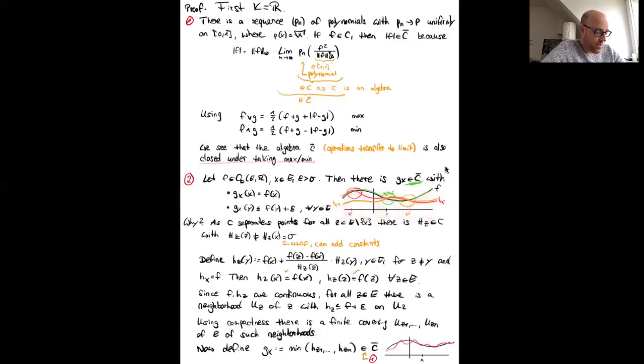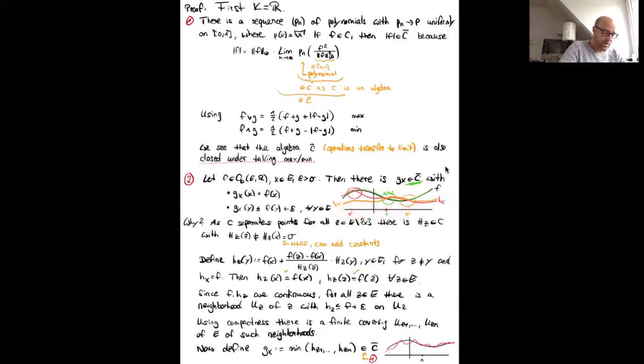So now, we discussed at the very beginning, since our space is compact, we can cover the entire space with finitely many compact sets. So what we do is, we take finitely many of these points so that their neighborhoods on which the functions h_z are smaller than f plus epsilon cover the entire space E. And here's a trick.